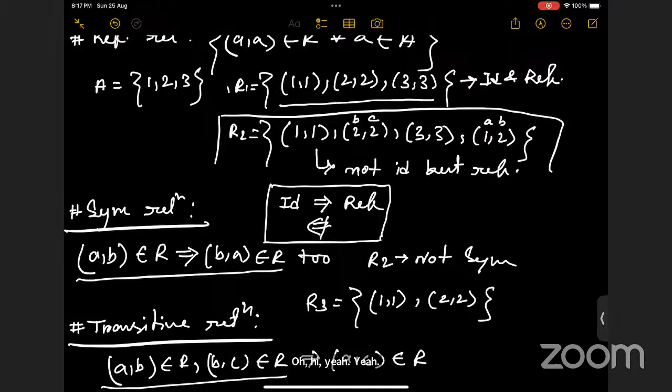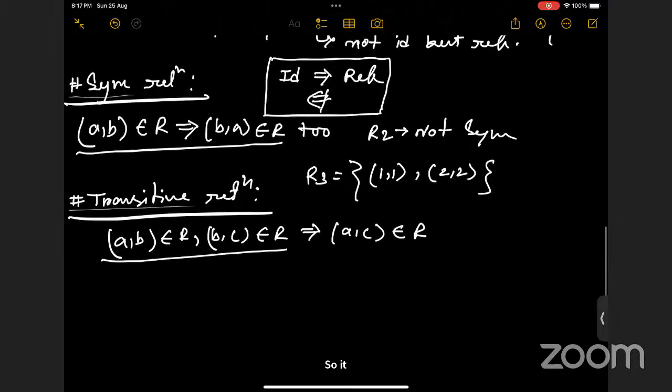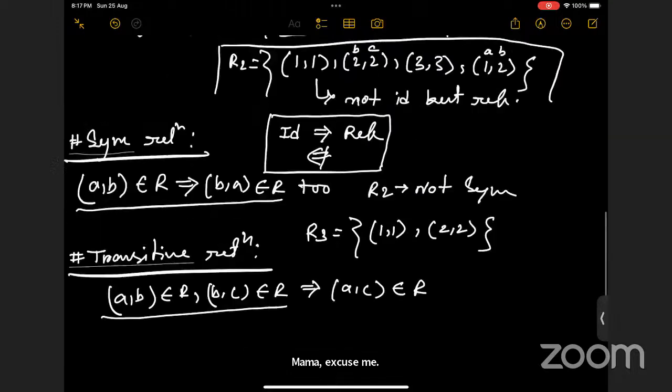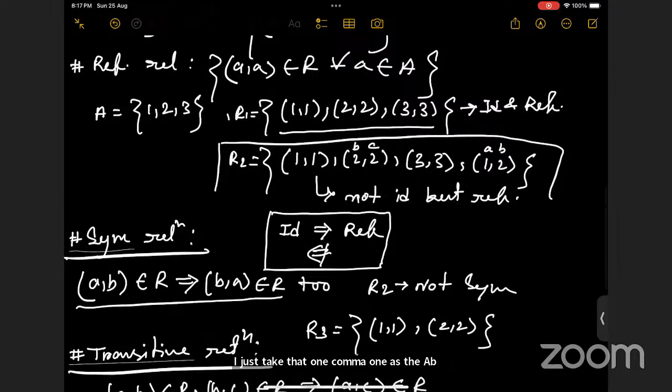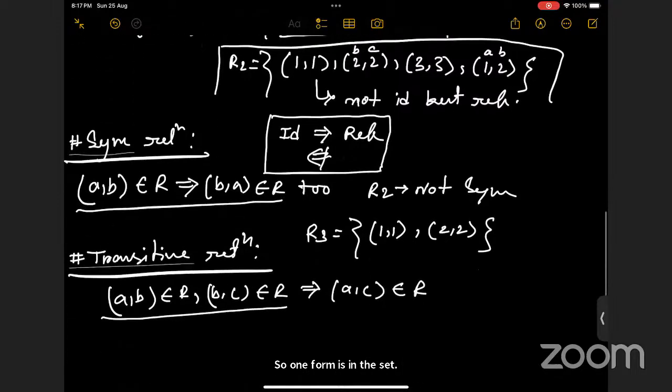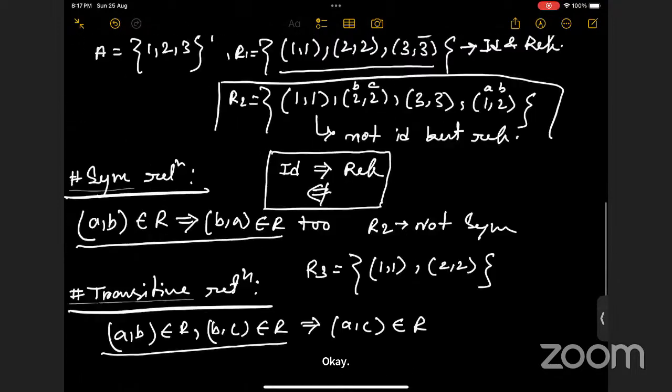So it became a transitive relation. I take (1, 1) as AB, then BC will be (1, 2), then again that (1, 2) will be in AC, ma'am. Yes, okay, thank you. So R2 is transitive, right?